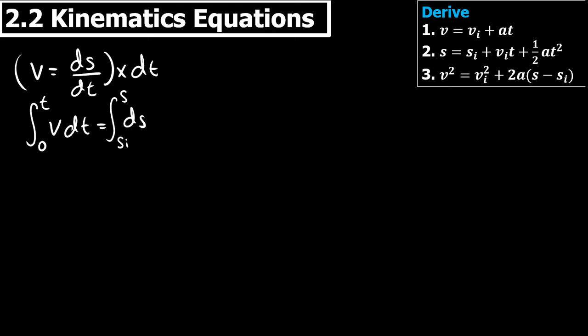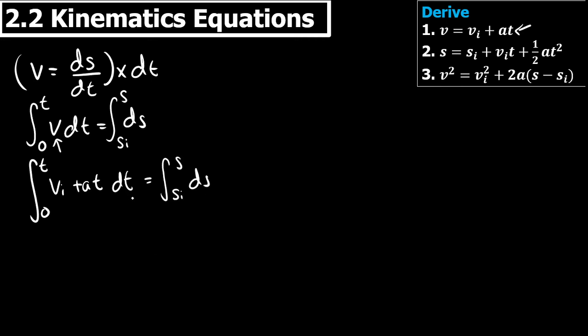Keep in mind this v is a function of time according to the first equation, so we substitute it in: the integral from 0 to t of vi plus at dt equals the integral from si to s of ds.